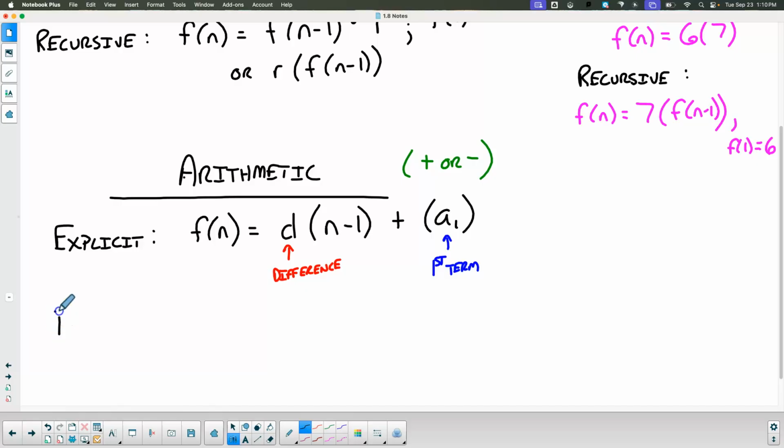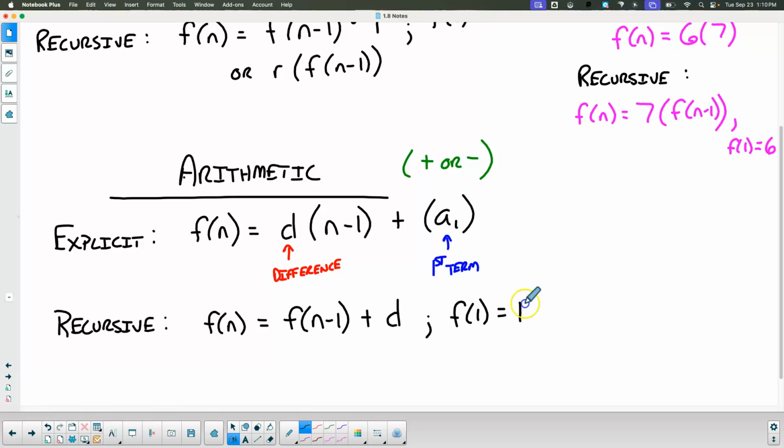The recursive would be f of n equals f of n minus 1 plus d, where f of 1 is some number.